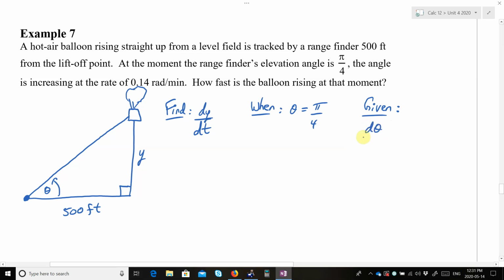So the change in theta with respect to time is 0.14 radians per minute.